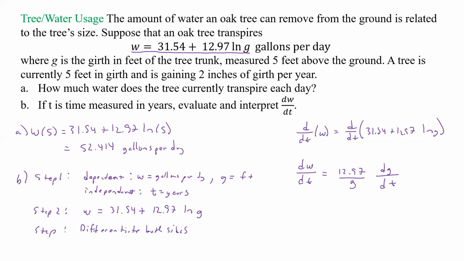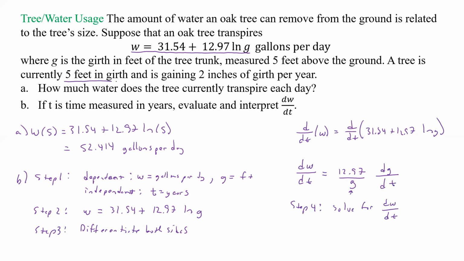Now we need to do step 4, and step 3 didn't write out things, so let's do step 4. Now this one might take us to the next page, and so we have to solve for dW/dt. So what do we know? Well, we have to find g. Do we know g?